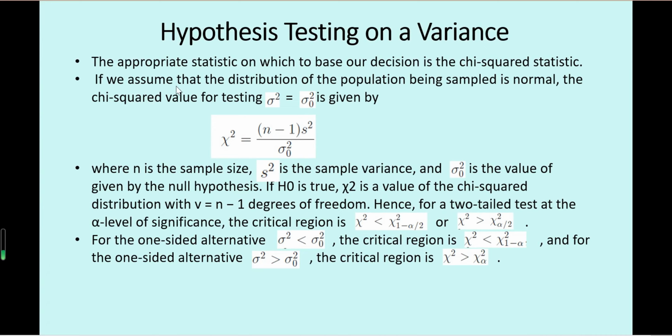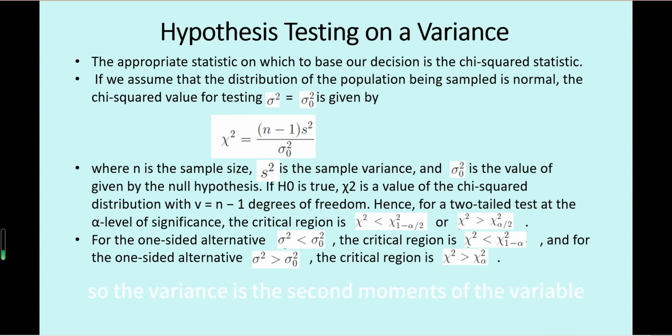For the testing of the variance against a hypothesized value, we use the chi-square distribution, because we know the random variable is normally distributed. This is usually satisfied for the population.